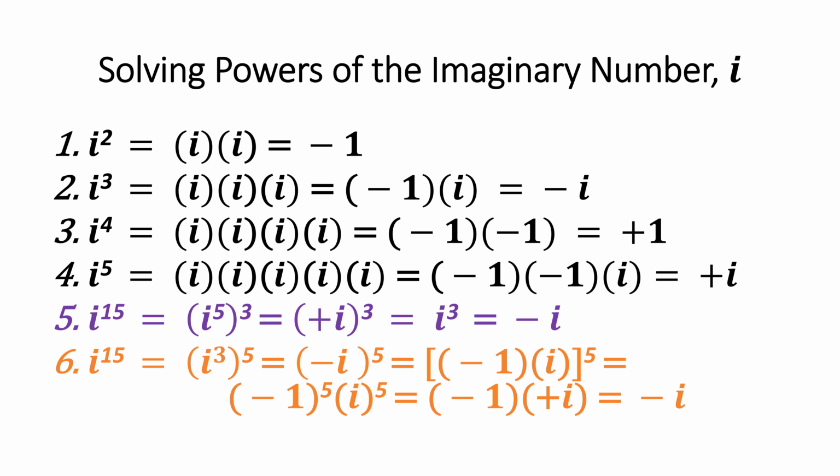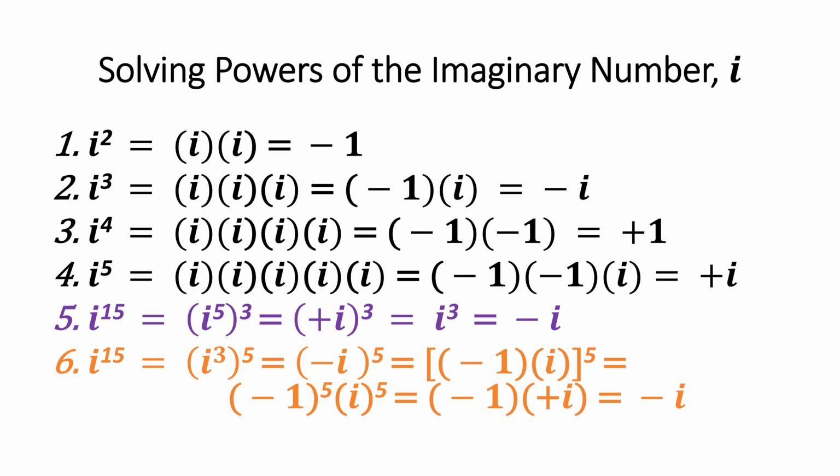Any negative 1 that's raised to an odd power gives you a negative number. Any negative number raised to an even power gives you a positive number, 1. So in this case, we have negative 1 raised to 5, which is odd, so that result will be negative. So we have negative 1.